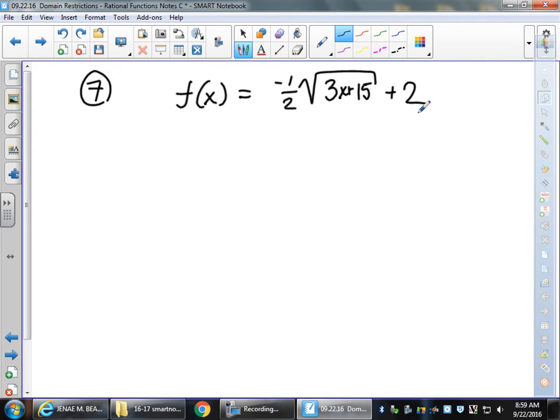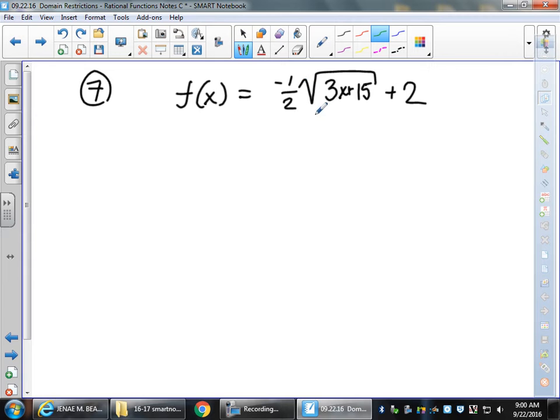What are we thinking about this? And why? What kind of root is this? Because we have even roots and we have odd roots. How do you know it's even? Because of the 2. The half has nothing to do with it. Because of the 2 on the outside. Right. Look at the screen.